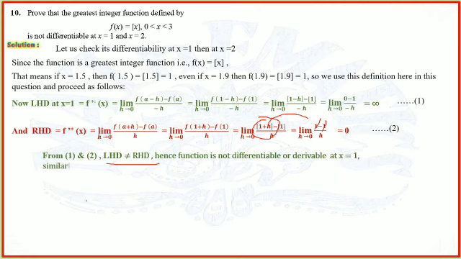Similarly, it can be proved for x is equal to 2. Same way you can prove, and you just have to put 2 wherever I have put 1, and then solve it like this.